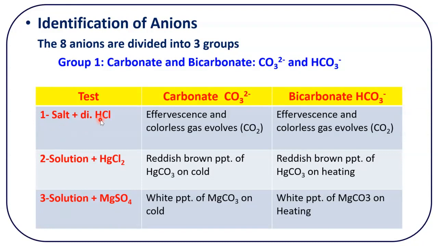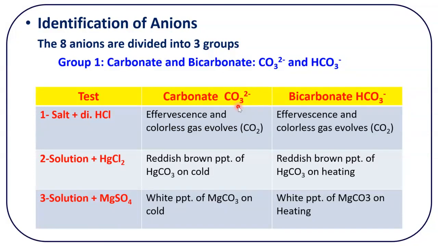You will see some observations. For carbonate and bicarbonate, you will see the same observation: effervescence and a colorless gas evolves. This gas is carbon dioxide, and you will see this observation for both carbonate and bicarbonate.